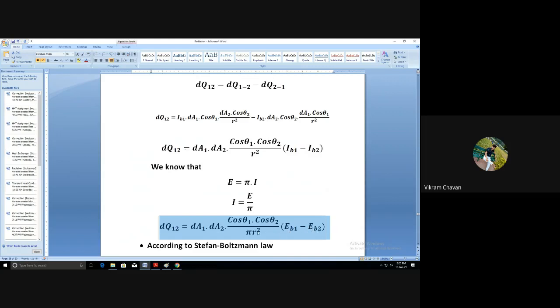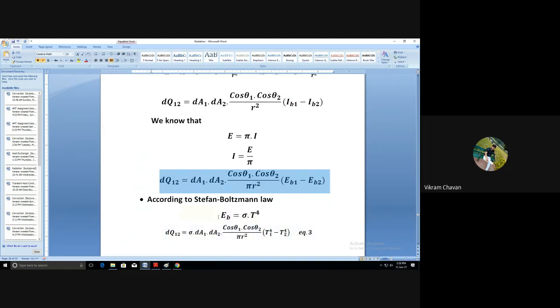Now according to the Stefan-Boltzmann law, the emissive power of a black body is directly proportional to the fourth power of absolute temperature, and if we normalize this equation, we get the emissive power of a black body equal to sigma multiplied by T raised to 4, where sigma is the Stefan-Boltzmann constant and T is the absolute temperature of that particular body.